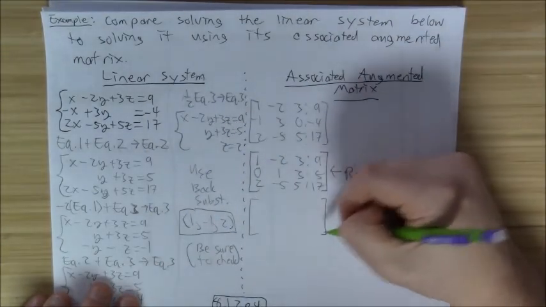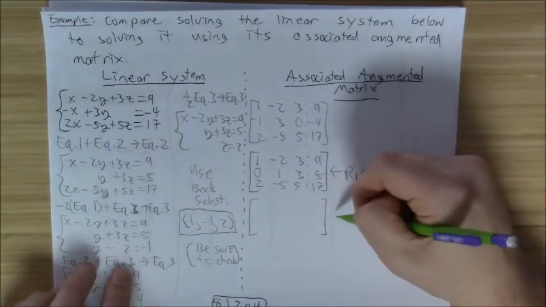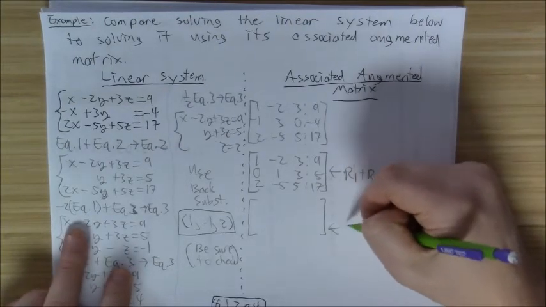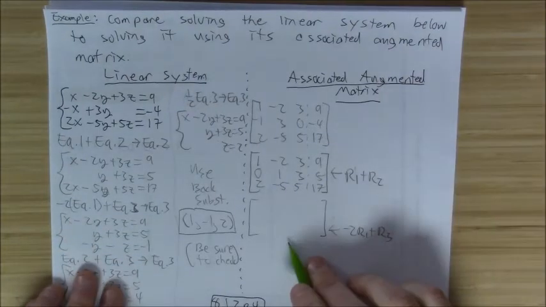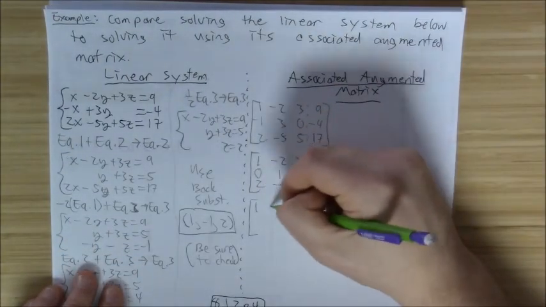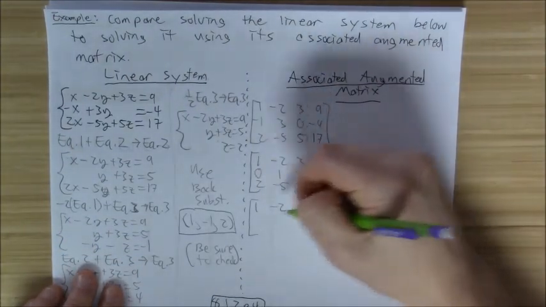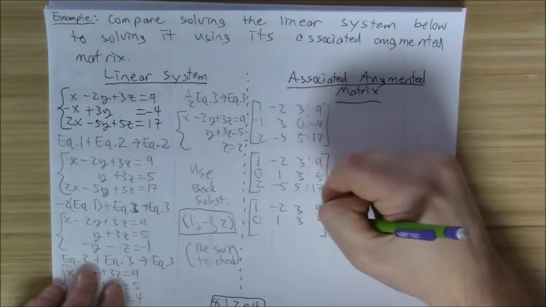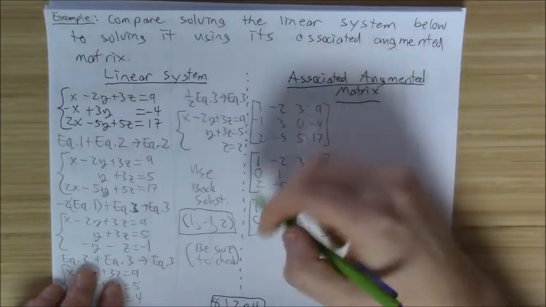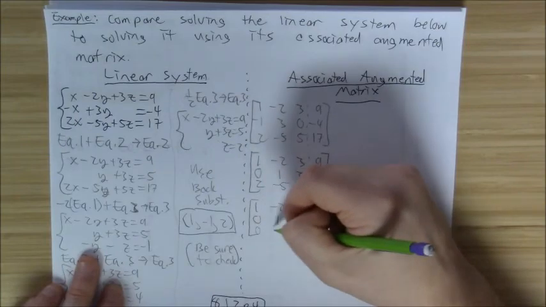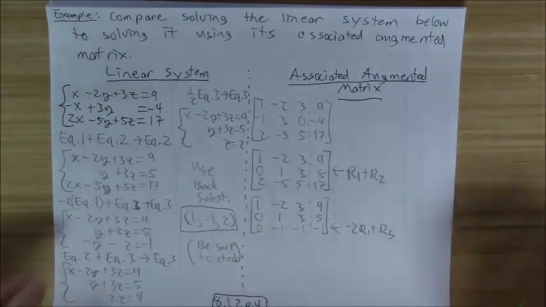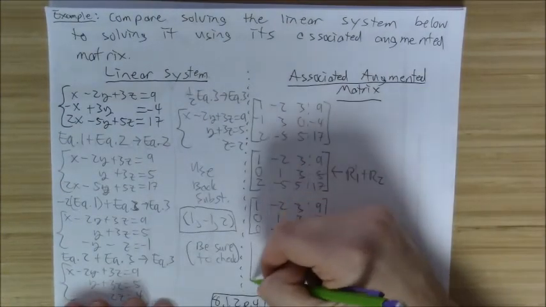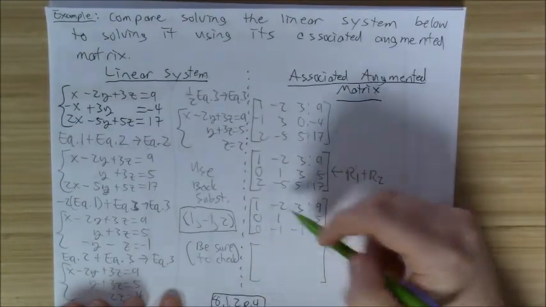So this time around, I'm going to take negative 2 R1 plus R3 to get a new row 3. So 1, negative 2, 3, 9, 0, 1, 3, 5. And then in my bottom row, I'm going to have 0, negative 1, negative 1, negative 1. And then I'm going to eliminate that.